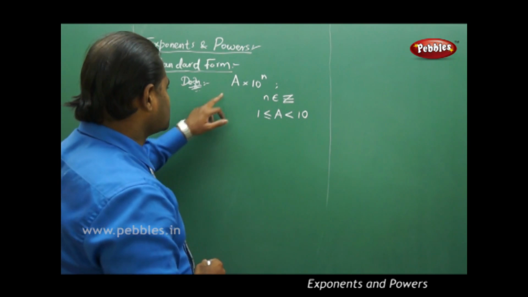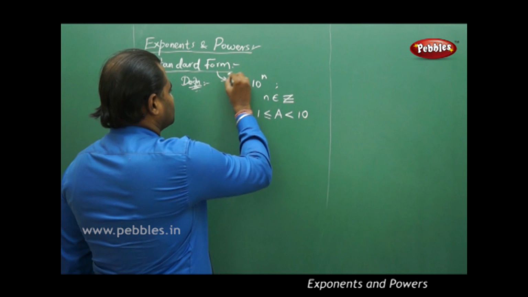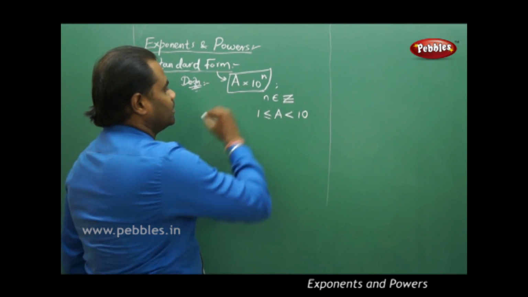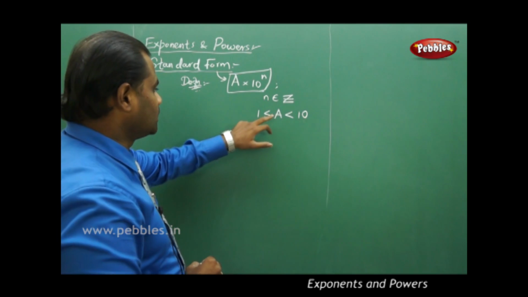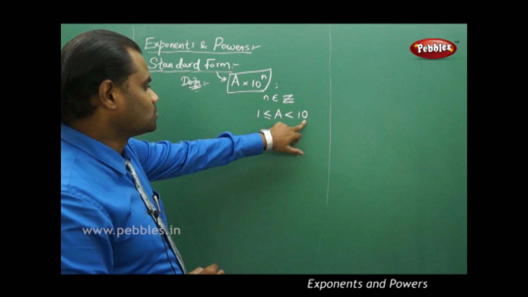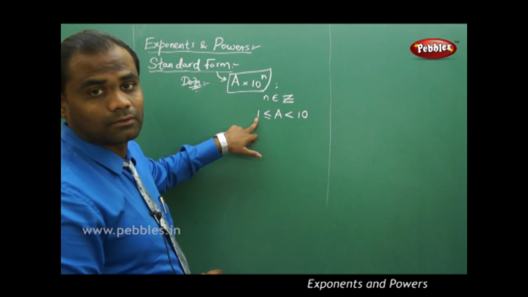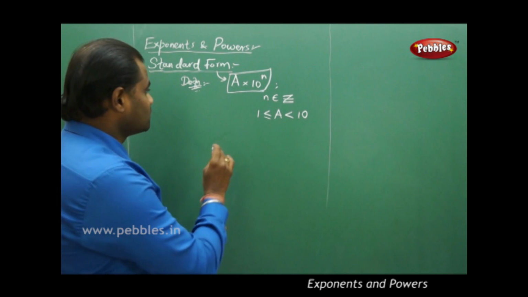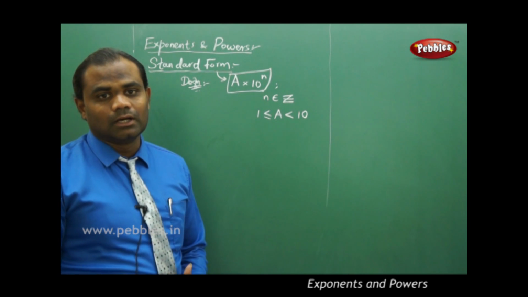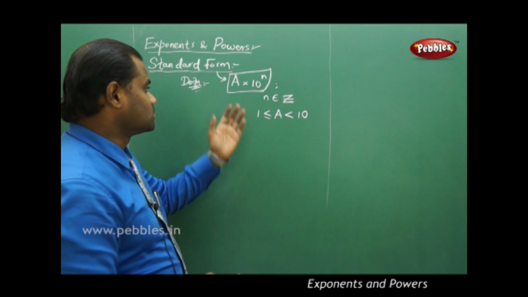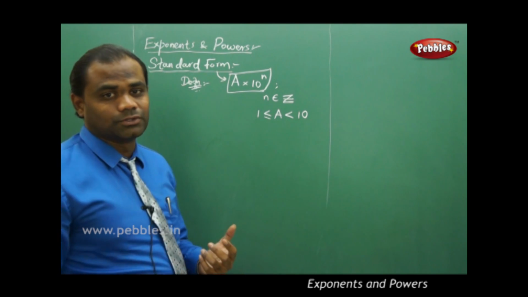So standard form is defined as a into 10 power n, where n must be an integer and a must be a value between 1 and 10, inclusive of 1. Using this definition, we'll see how different numbers can be converted to the standard form and then to the usual form.